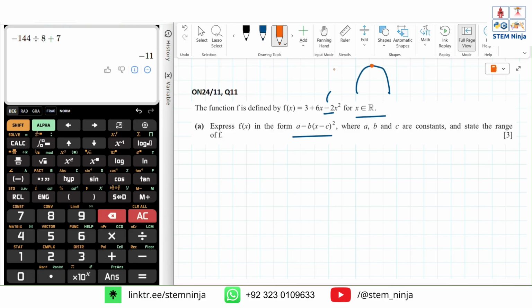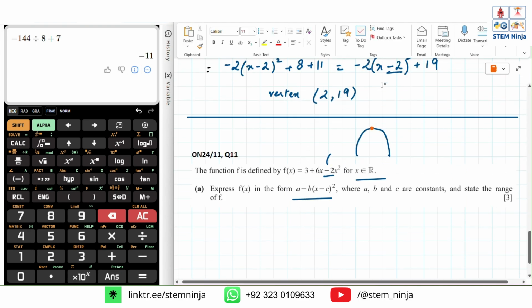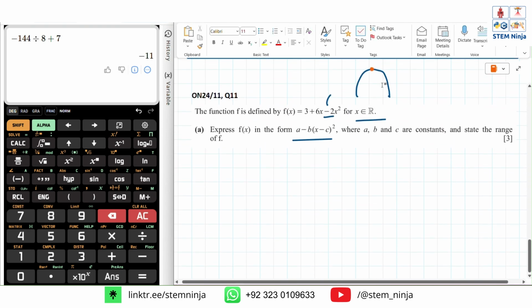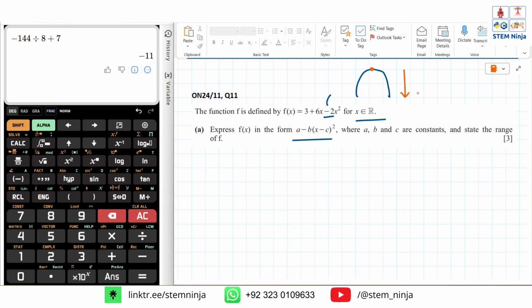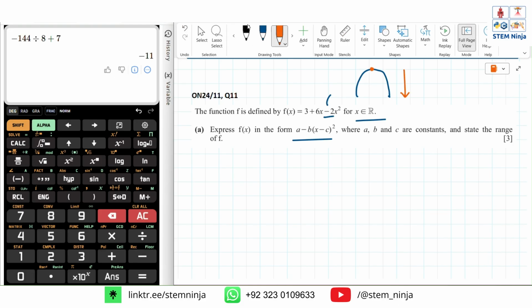So just like the previous question, the vertex is actually a maximum point, so the range would be below this value. All we have to do is find the maximum point, the c value, that will dictate that. Now we start by gently rearranging this, keeping the x squared term in front.